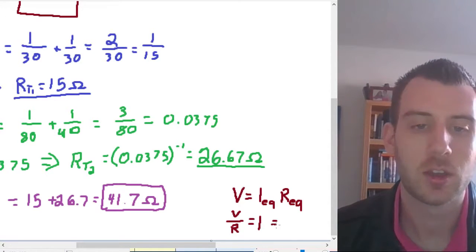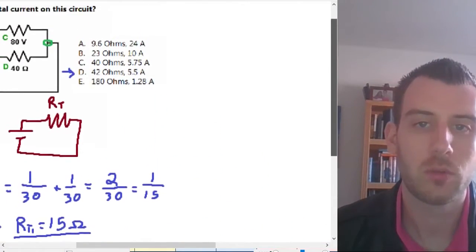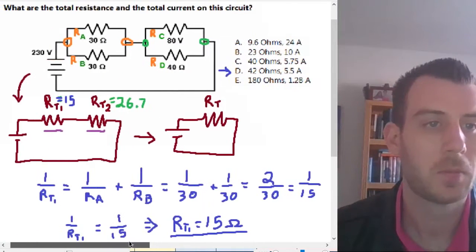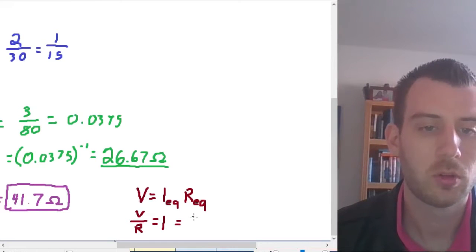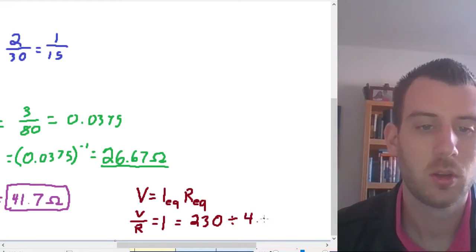And then I would say what? That's equal to my total voltage, 230 volts, divided by my equivalent resistance of 41.7 ohms.